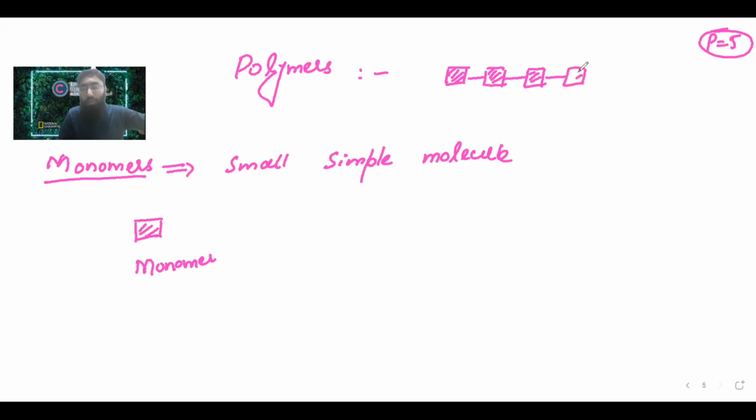The combination of different monomers makes a big structure, and we call that structure a polymer, right? So let me open the slide as well.